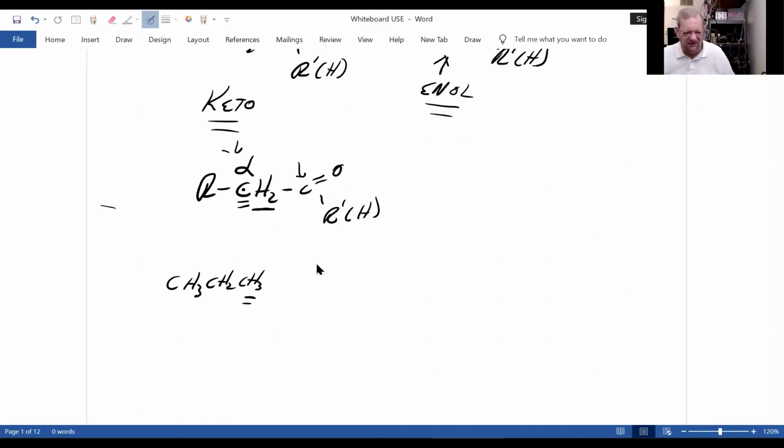extremely. But you have this equilibrium. This is an acid-base equilibrium, and generally you'll react the base because normally you don't have an anion or cation floating around. And this is called the enolate anion.